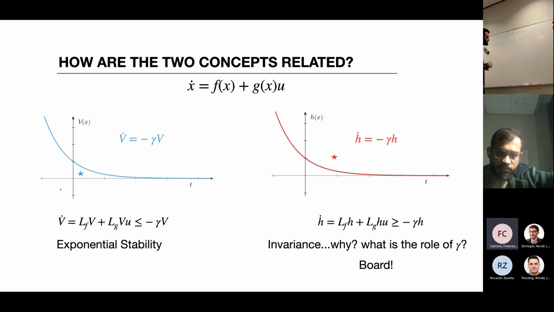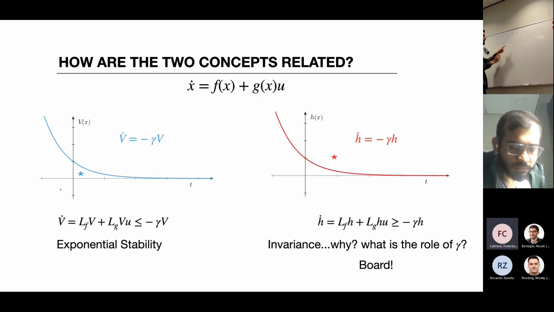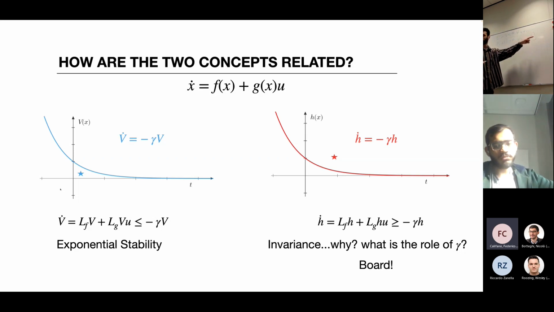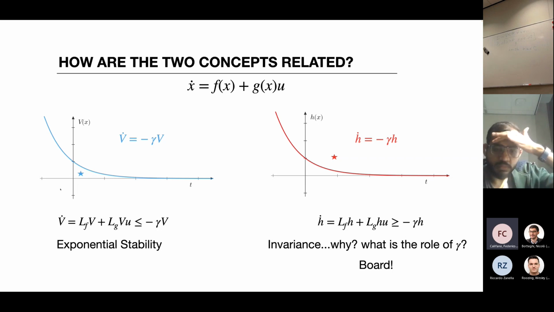But now I want to convince you that having this, which is Nagumo, having this condition only at the boundary, we can arrive to this condition as a limit case of having H dot greater than minus gamma H for each x in C, and not only at the boundary of C, which is a little bit more tricky to see, but I hope I will convince you in a second.